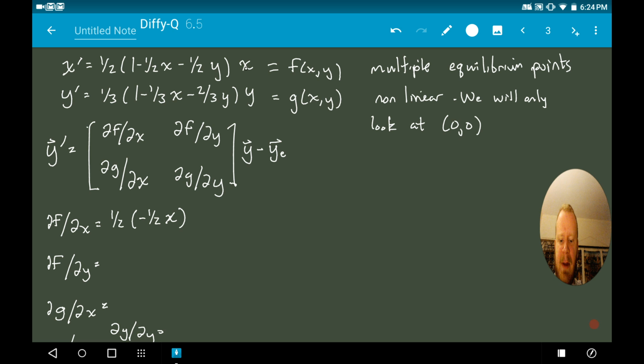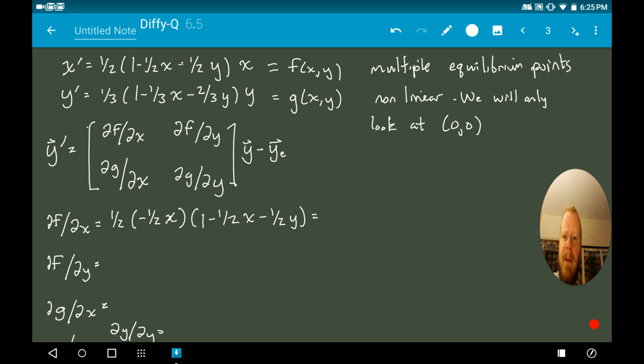Then the derivative of the next piece, which is 1, times this piece. So that's 1 minus 1/2 x minus 1/2 y. Since we're going to evaluate this at 0 anyways, we can just leave it in this messy form.